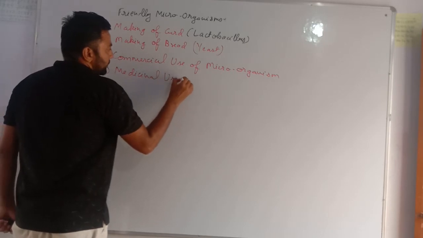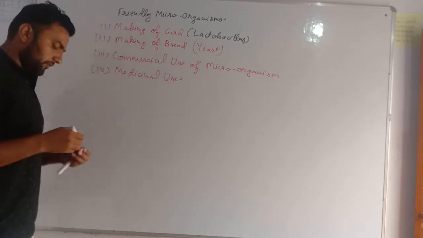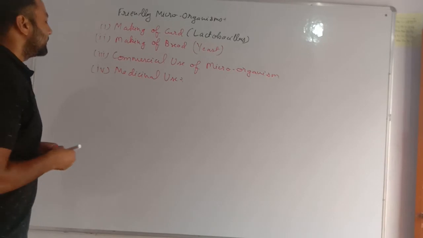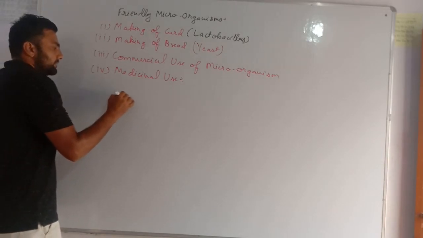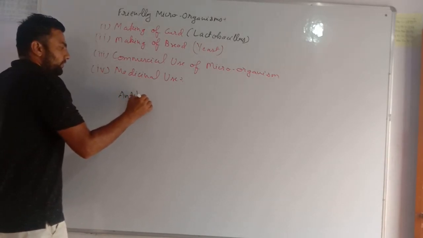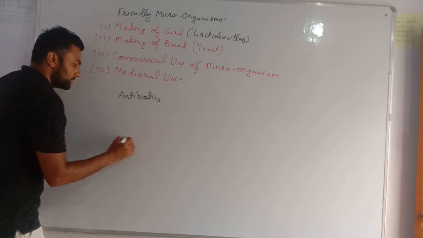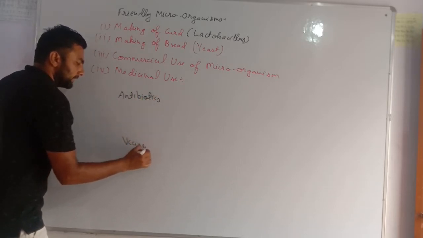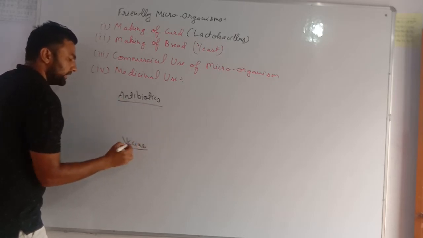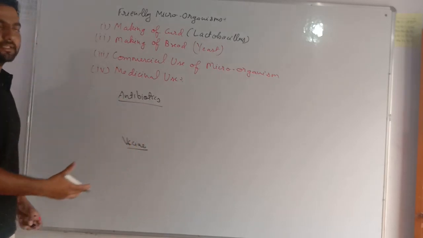Medicinal use. If you are talking about medicinal use, then we will be talking about two concepts. First one is antibiotics, and second one is vaccine. First we will see antibiotics, and then we will look at what a vaccine is.